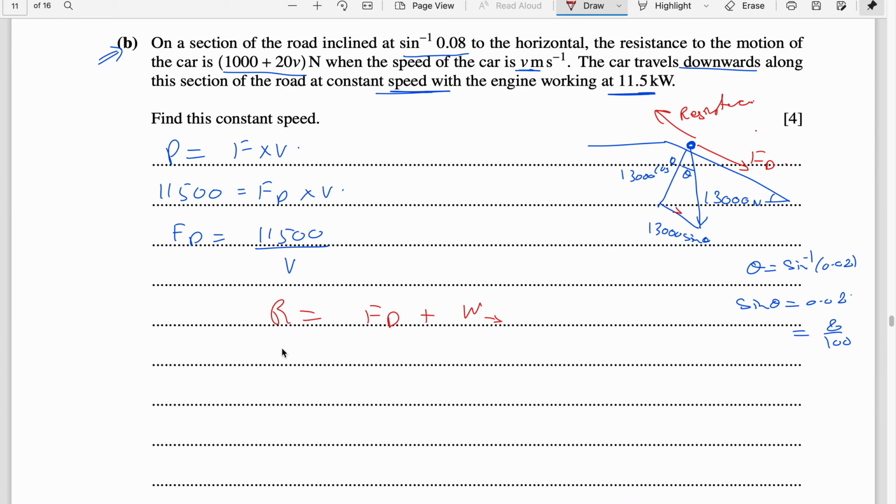Resistance is given in the question, that is 1000 plus 20V. On the other side, forward driving force is 11,500 by V plus the component of weight, which is 13,000 sine theta, where sine theta is 8 by 100. So 13,000 times 8 by 100.